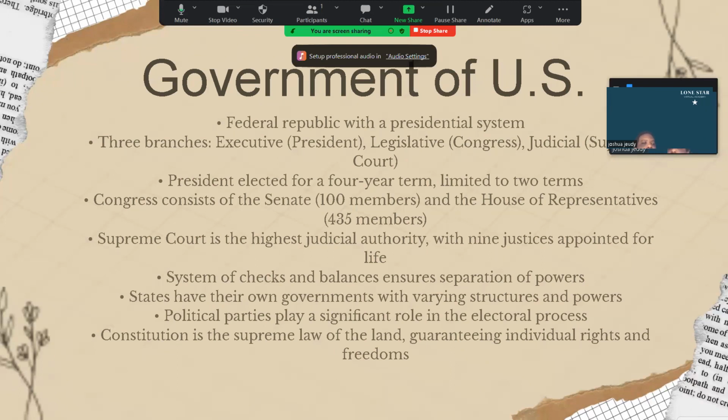It gets passed by the legislature, and then it has to be signed and approved by the president. But say the president hates ice cream, he can veto it. That is a check that the president has. It goes back to Congress, and Congress can figure out if they want to go against his veto or not. And that's another check that they have.